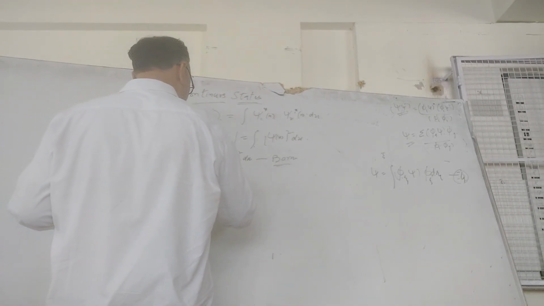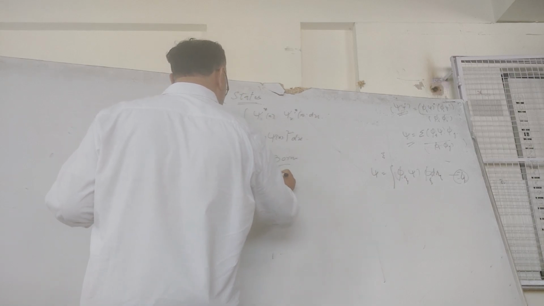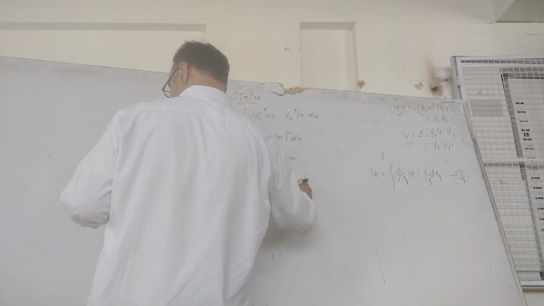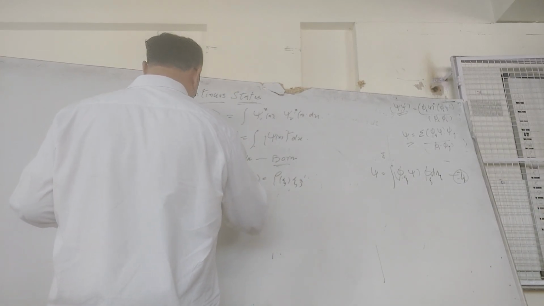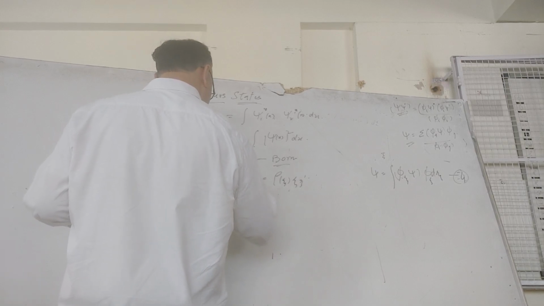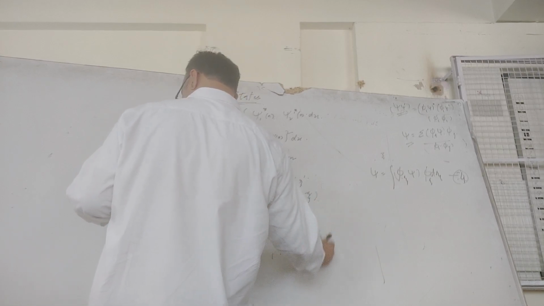For example, delta of zeta minus zeta prime is equal to rho of zeta zeta prime, and the normalization condition for the continuum states is read as delta zeta minus zeta prime.